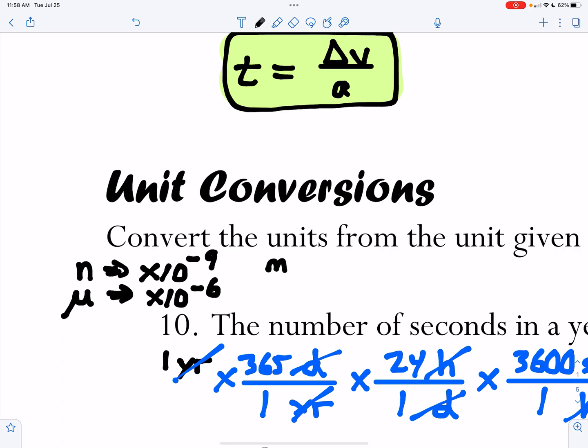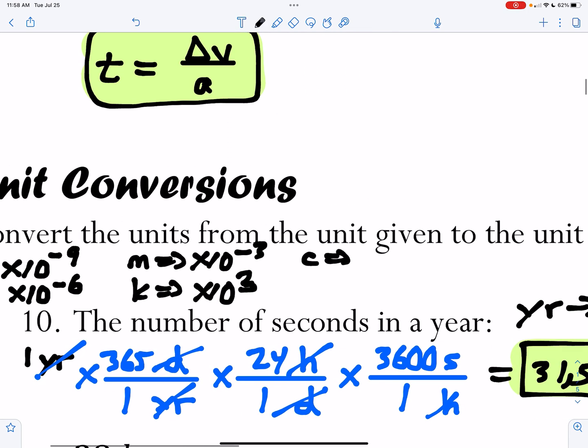If you see milli, that's times 10 to the negative 3, right? Kilo is times 10 to the positive 3. Centi, okay, is times 10 to the negative 2. Okay, so just throwing out there a few of the most common ones that you're going to encounter.